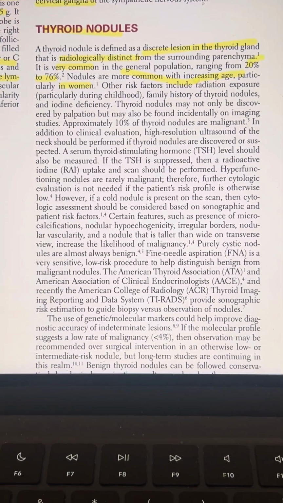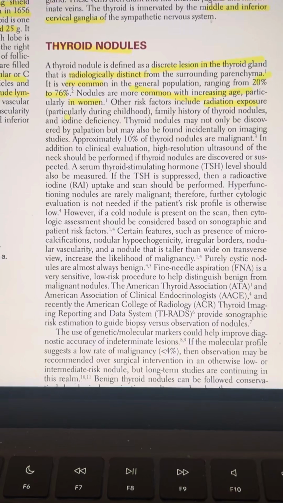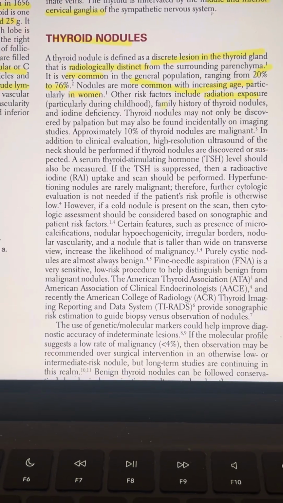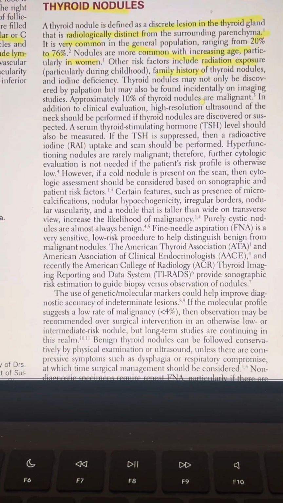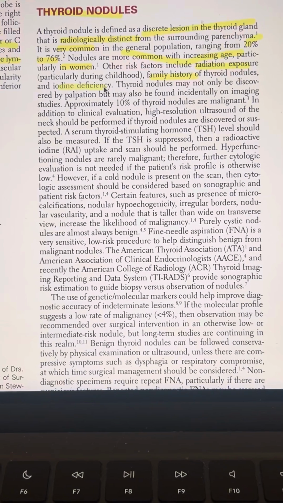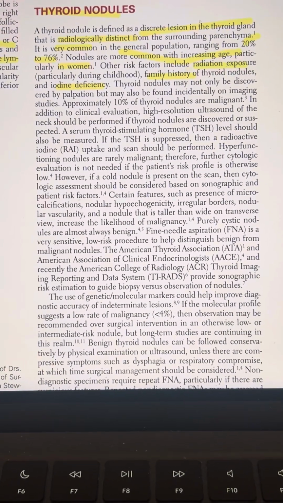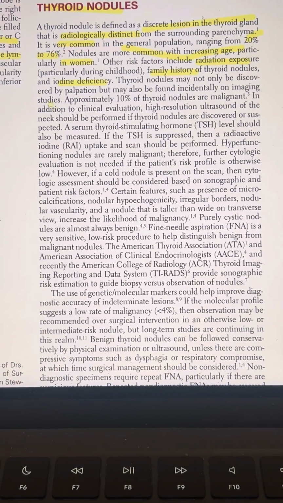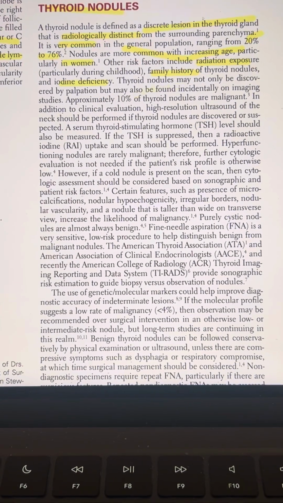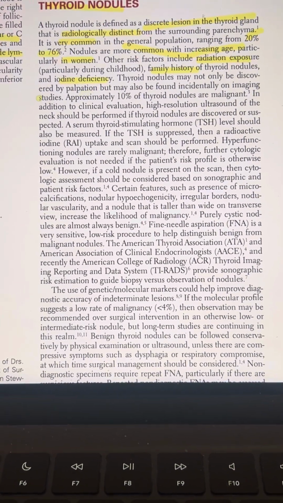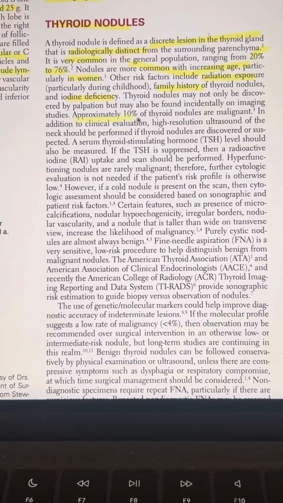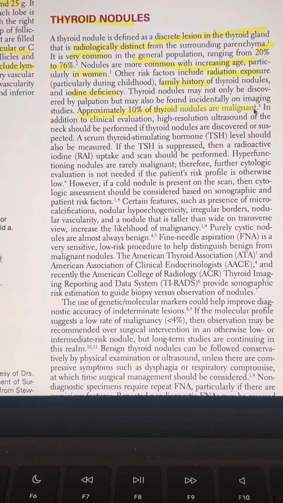Other risk factors include radiation exposure, particularly during childhood, a family history of thyroid nodules, and iodine deficiency. Thyroid nodules may not only be discovered by palpation but may also be found incidentally on imaging studies, and approximately 10% of these thyroid nodules are malignant.